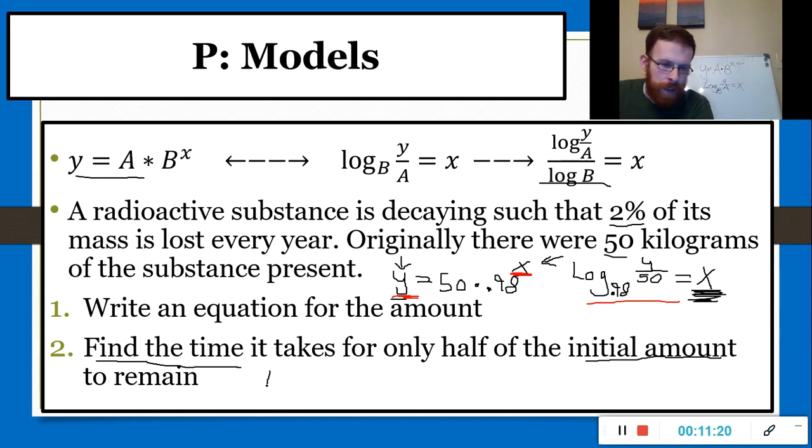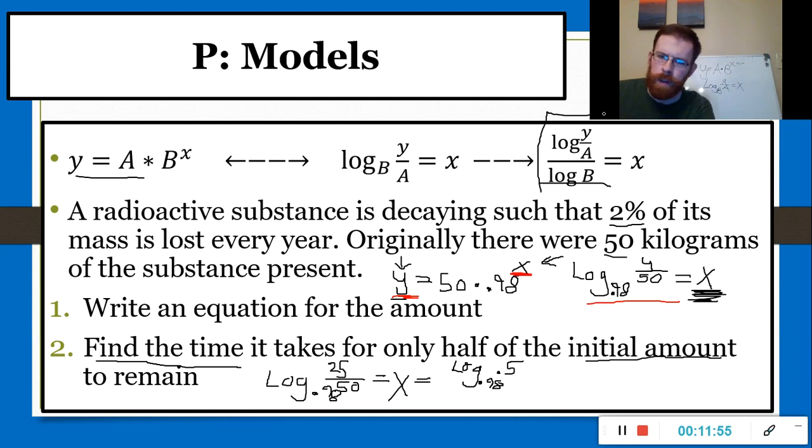So all I need to do is log of 25 divided by 50 with a base of 0.98, and that's equal to x. What's 25 divided by 50? 0.5. So this is log of 0.5 with a base 0.98.